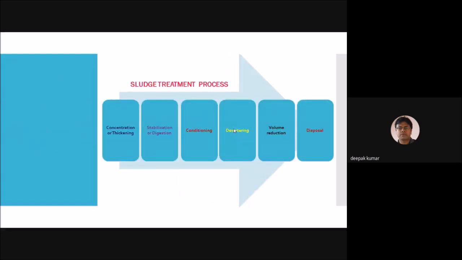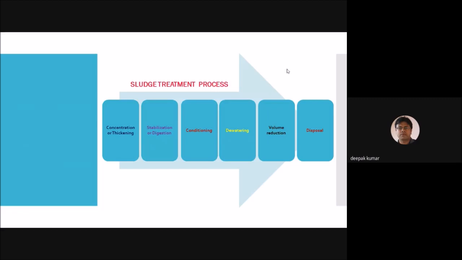As far as the sludge treatment process is concerned, basically these are the 6 processes which have to be adopted for sludge treatment. The first is concentration or thickening, then stabilization or digestion, conditioning, dewatering, volume reduction, and then we dispose of it.